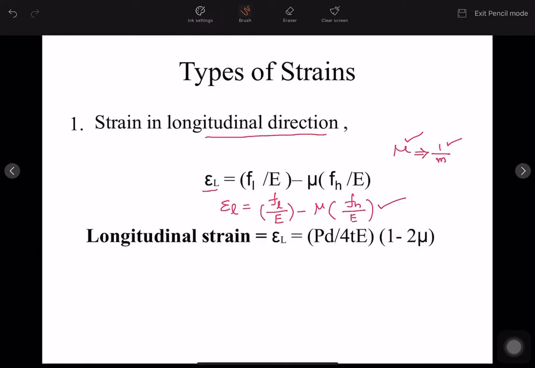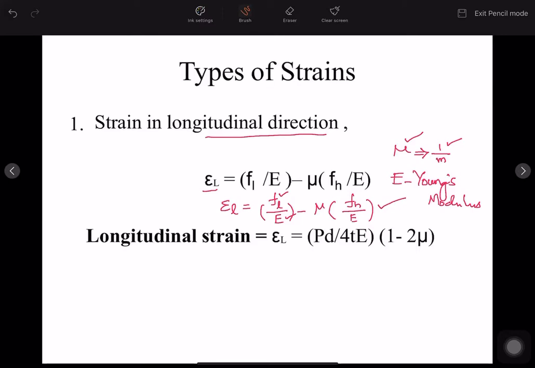If we observe the formula, stress by E, as you all know, Young's modulus of elasticity.